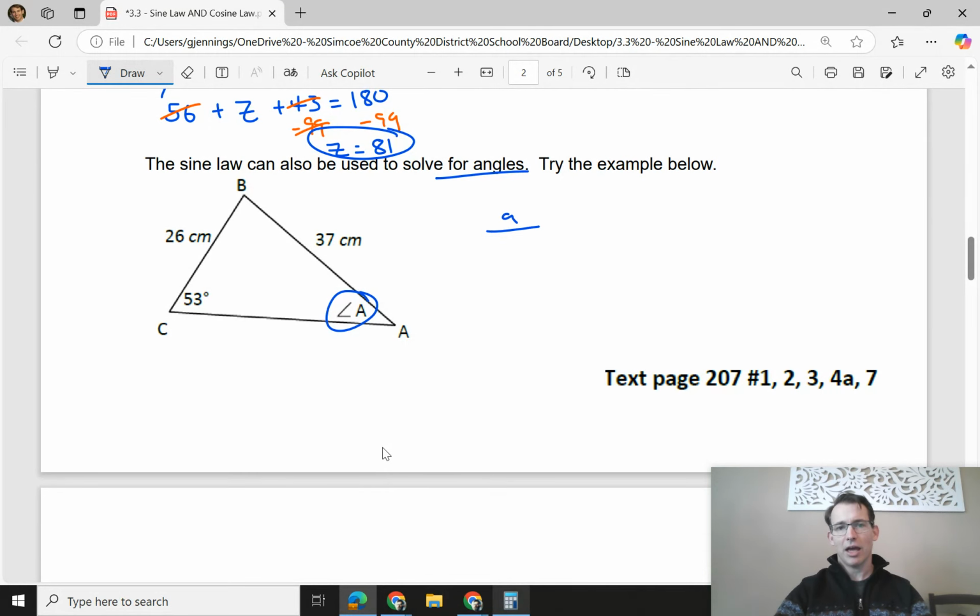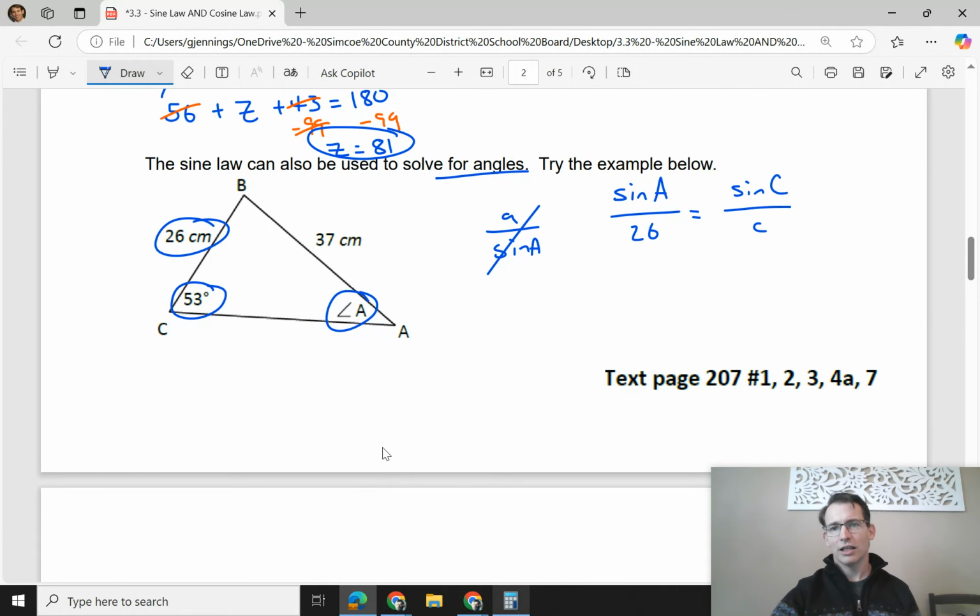Instead of setting it up A on sine A, which would be a recipe for a small headache, we're going to set it up this way. Sine A on little a, 26, is equal to sine C on little c. I should write in my formula there.